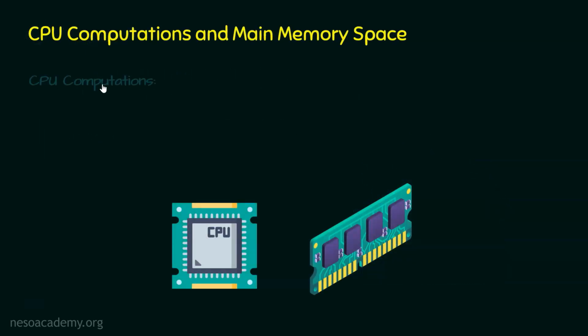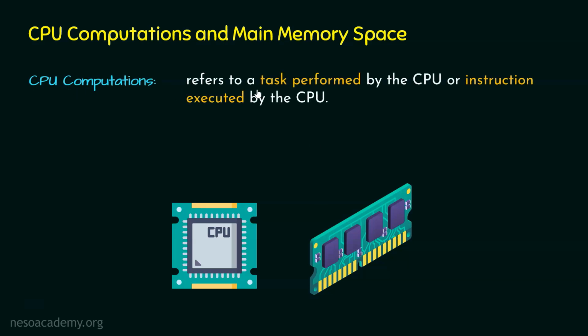So what is the meaning of CPU computation? A CPU computation refers to a task performed by the CPU or an instruction executed by the CPU. So CPU computation refers to a task which is performed by the CPU at any point of time, or in simpler terms, an instruction executed by the CPU.